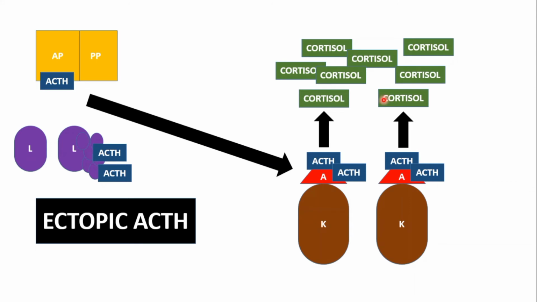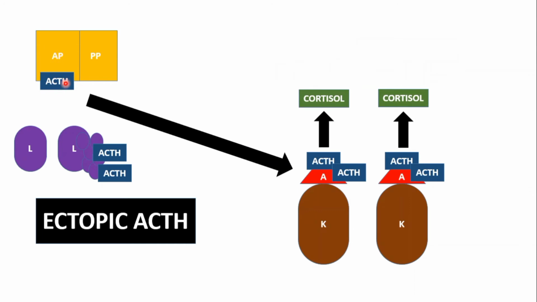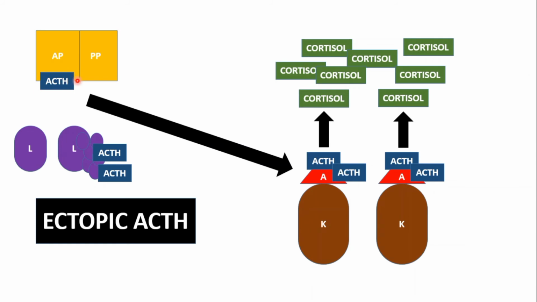These steroids go and give a negative feedback to the anterior pituitary, so the ACTH would get reduced. But even though this ACTH is reduced, there is ACTH coming from somewhere else which does not respond to negative feedback. So the ACTH level at last would still be high. Remember, I told you two causes with ACTH low and two causes with ACTH high.